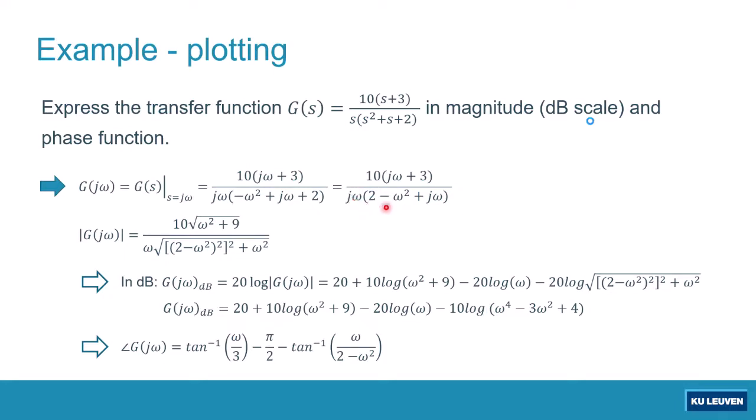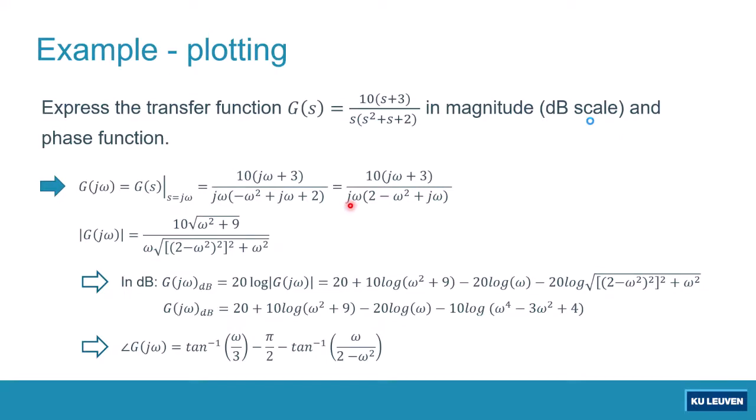We have two parts in the denominator, j omega and this part, 2 minus omega squared plus j omega. The magnitude of the denominator will be equal to the magnitude of this part times the magnitude of this part.